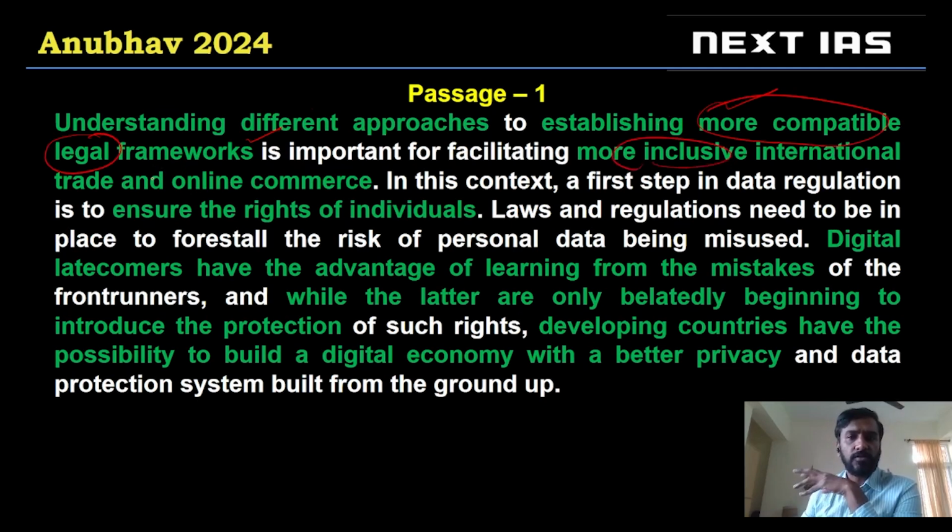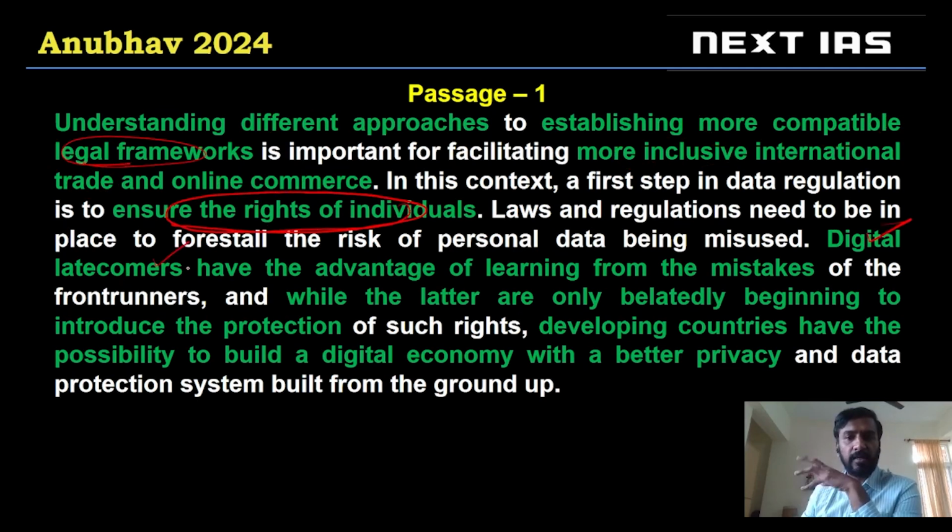So this will help trade and this will help online commerce. So this passage is talking in context to data regulation, right? So how do we have a legal framework to regulate data, right? So the first goal should be to ensure rights of individuals, right?